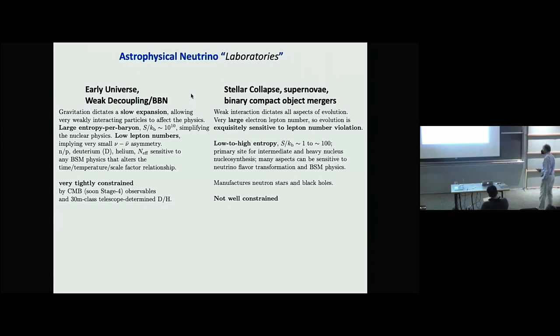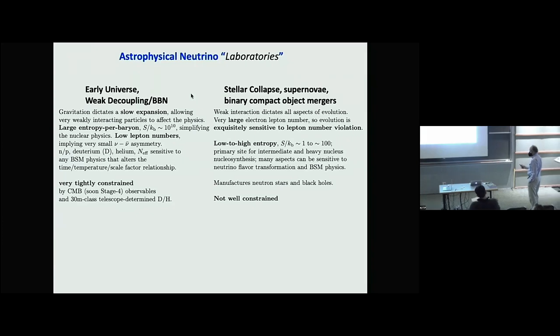tight constraint. By contrast, stellar collapse and supernovae and by association, binary compact object mergers like binary neutron star mergers are a different situation. It's interesting, however, it's alluring that the weak interaction dictates all aspects of the evolution of these things. Very large electron lepton numbers, very much unlike the early universe.